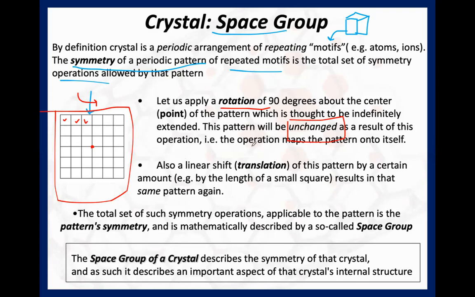We call this operation maps the pattern itself. The operation maps the pattern itself. That means it makes an identical shape again after rotation, so the symmetry is not distorted. We call it mapping the pattern into itself.